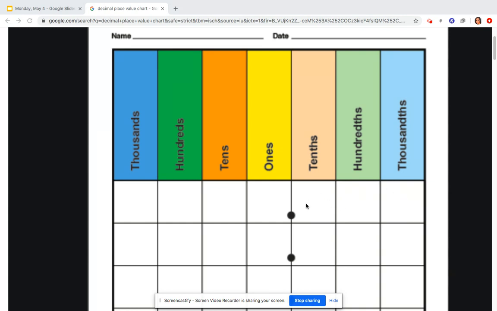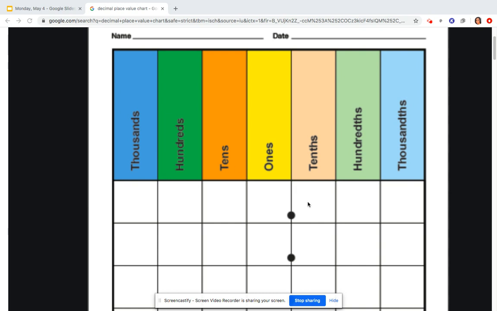Okay, so the farther we get away from the decimal, the larger the names of the place values seem to get. Now, obviously, you should know by now we don't have a ones place, but we do have a tenths place. That is the place value closest to the decimal. So if you're looking at the right side of the decimal, the tenths place is going to be directly to the right. Now, just like over here after the tens place, we have the hundreds.